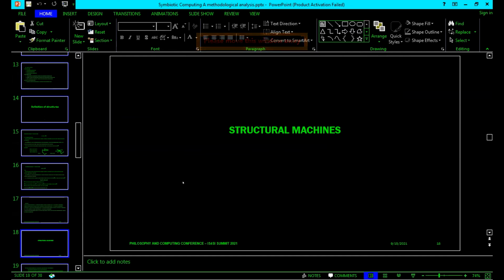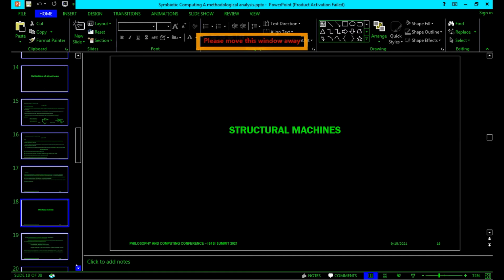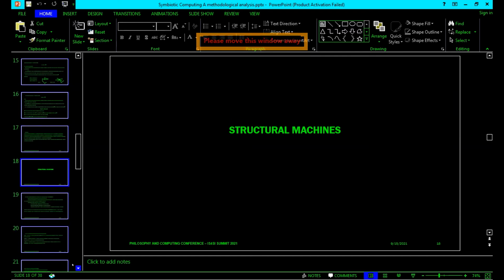I will not go into the theory of structural machines. It's a big theory. It's not as big as the theory of Turing machines, but it has many theorems and many results and many constructions. So let's look very briefly at what structural machines are.